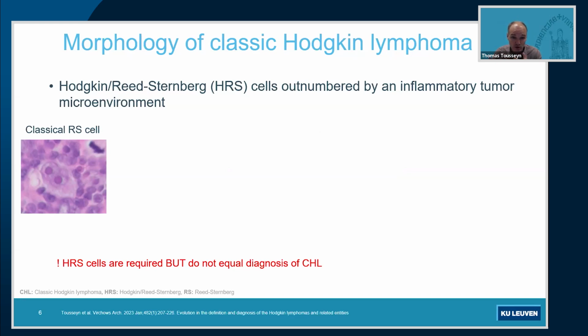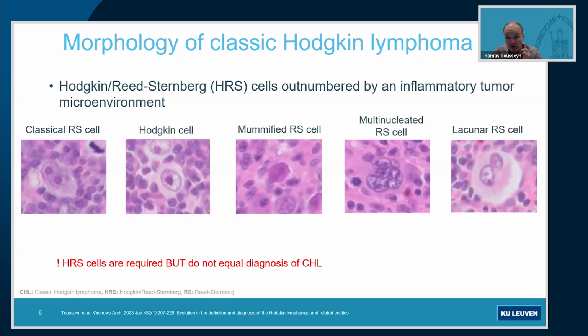They make part of what we call the tumor microenvironment, and the composition of this tumor microenvironment will define several subtypes. But the neoplastic cells themselves can also have a different morphology. Here you see the typical Reed-Sternberg cell, the binucleated cell with a large nucleolus. The nucleolus almost reaches the size of a lymphocyte that lies next to it.